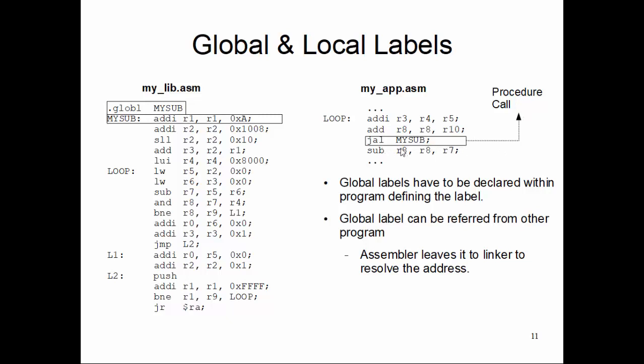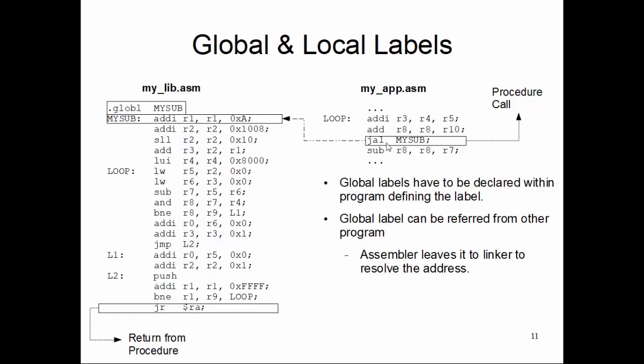What it does at this point is the program counter points to the next instruction, which is at my sub. As if it is jumping to my sub where the my sub routine starts, and then it executes all of these statements, and after it is done, it does something like JR $RA.